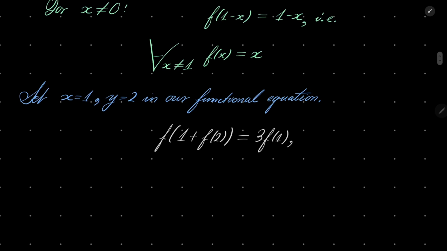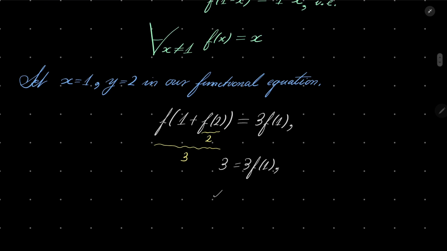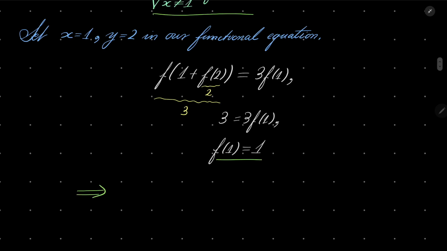But we know that f of 2 is 2, so we have f of 3, and f of 3 is 3. So 3 equals 3 f of 1, so f of 1 equals 1 as well. After combining this and that, we see that in fact, for every real number x, f of x is x.